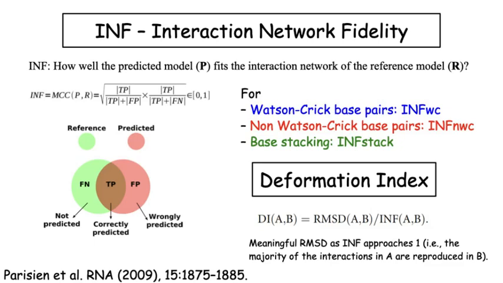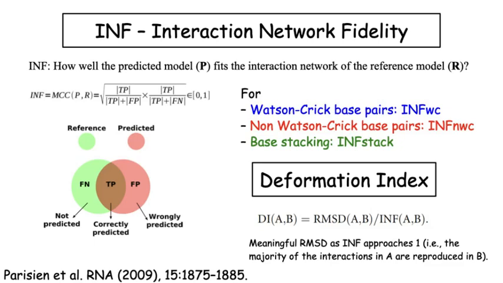You can measure all these parameters, and this is included in INF, interaction network fidelity. That here is really the Matthews coefficient with true positives and false positives, etc. And so you can do that for INF Watson-Crick, INF non-Watson-Crick, INF stacking, and you can bring them all together. All right, so we have a good idea of how well these parameters are respected.